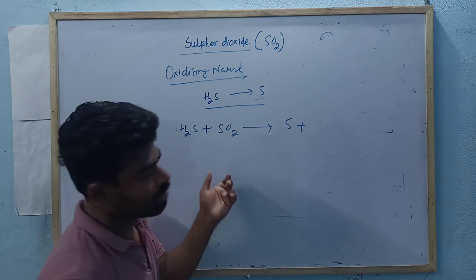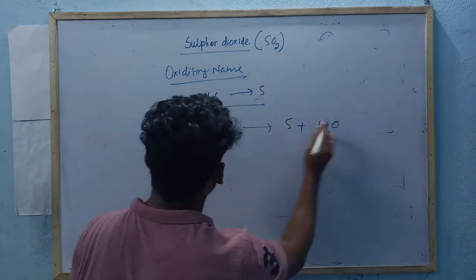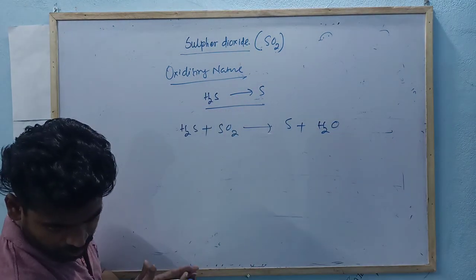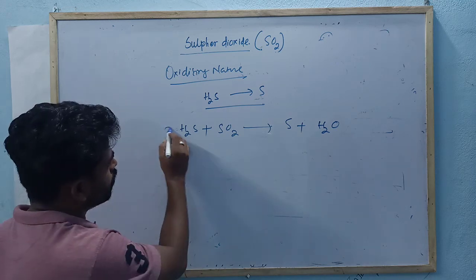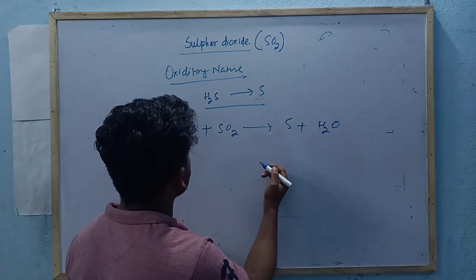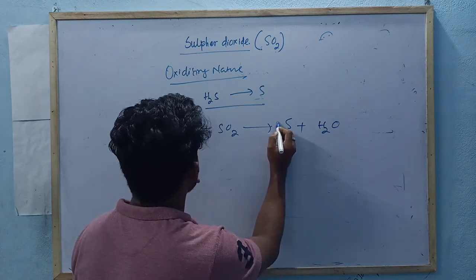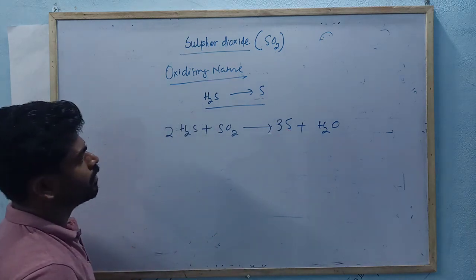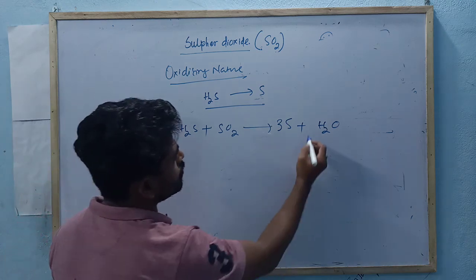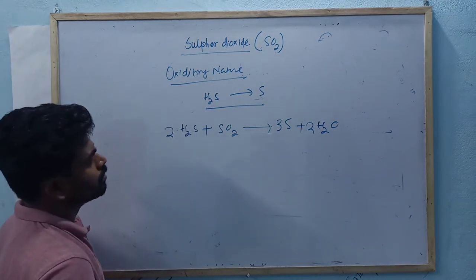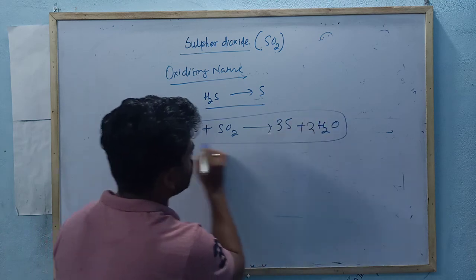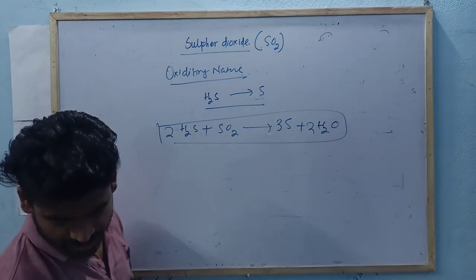Definitely that will be H2O. If you balance this equation, that will be 2 over here, so here that will be 3S, and 2 over here. So the equation is balanced. This is one of its oxidizing natures.